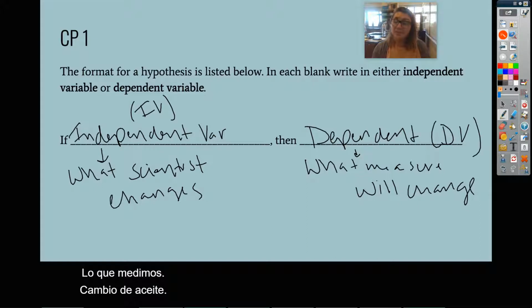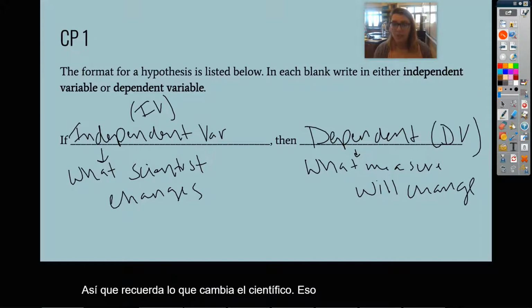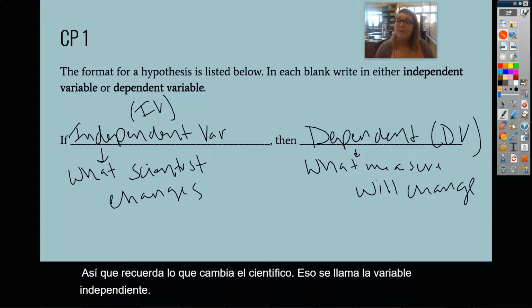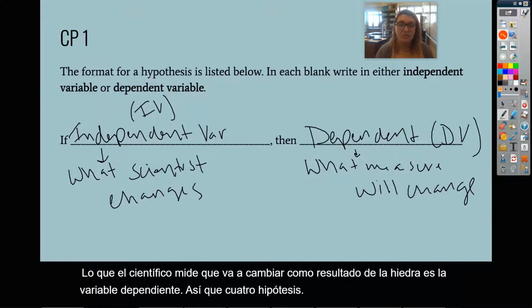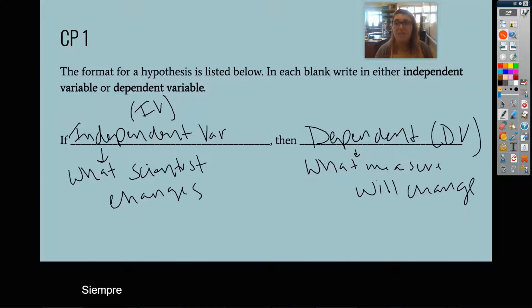So remember, what the scientist changes, that's called the independent variable. What the scientist measures that's going to change as a result of the IV is the dependent variable. So for a hypothesis, it always goes if IV, then DV. Or if independent variable, then dependent variable.